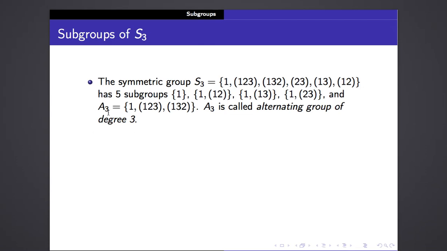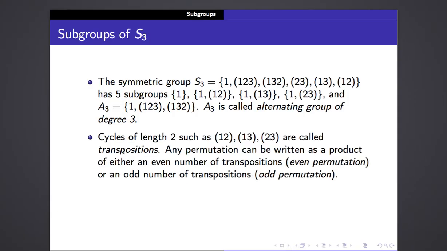Here, A3 is particularly important. A3 is called the alternating group of degree 3. Cycles of length 2, such as (1 2), (1 3), or (2 3), are called transpositions.